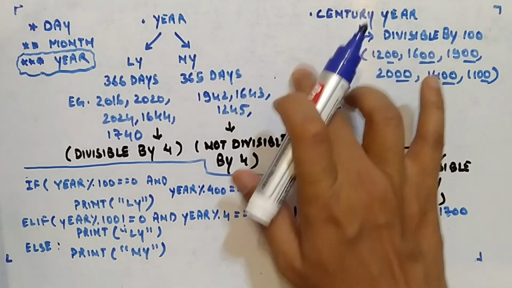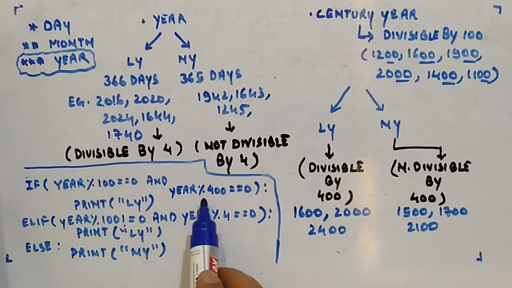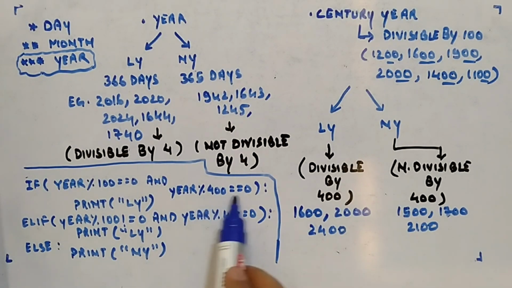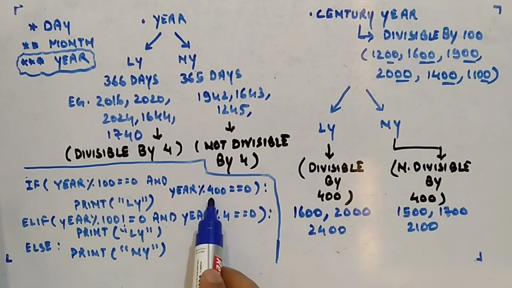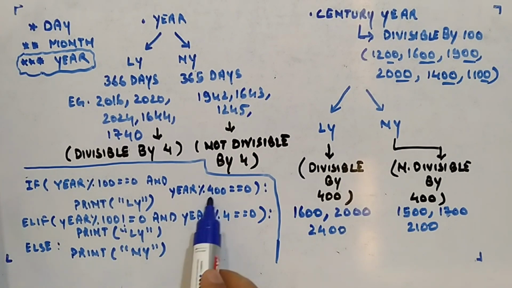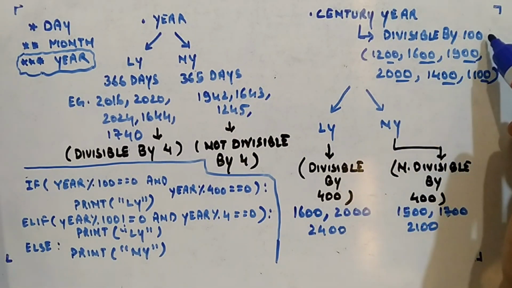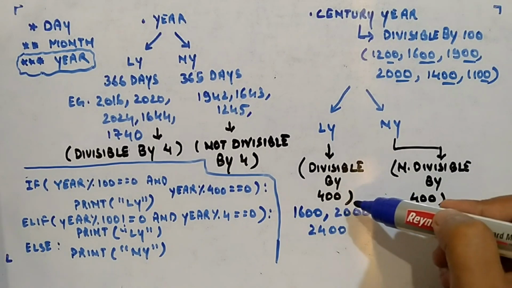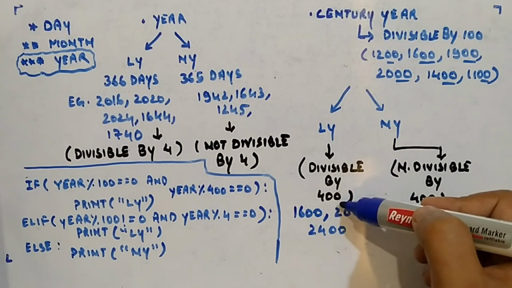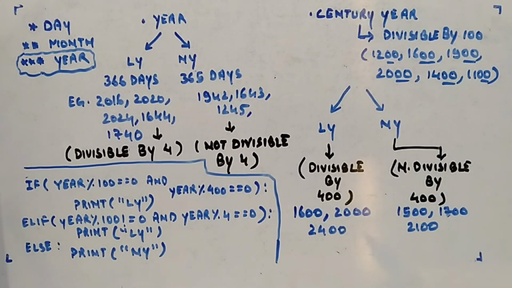If this is equal to 0 and the year is also divisible by 400, same concept, just instead of 100 I have written 400, then print leap year. Divisibility by 100 and divisibility by 400, then it is called a leap year. You can see these are leap years. So this condition is for century years.